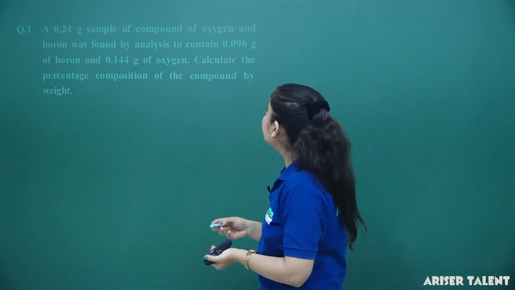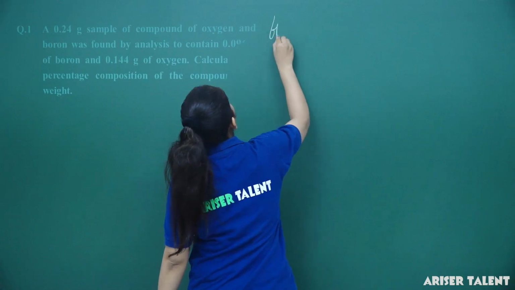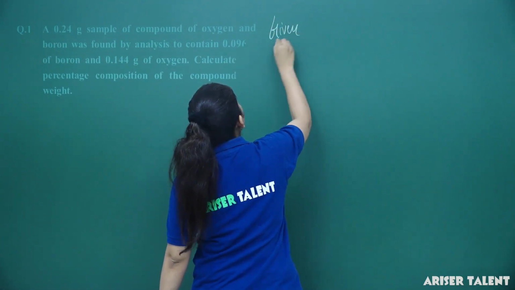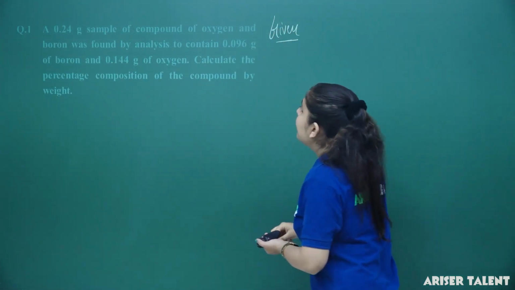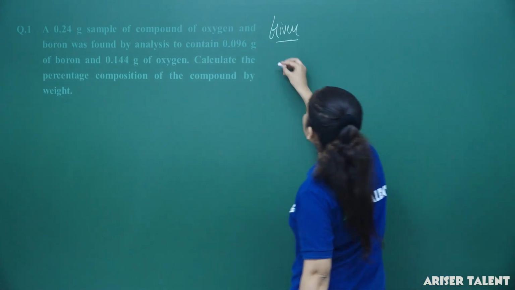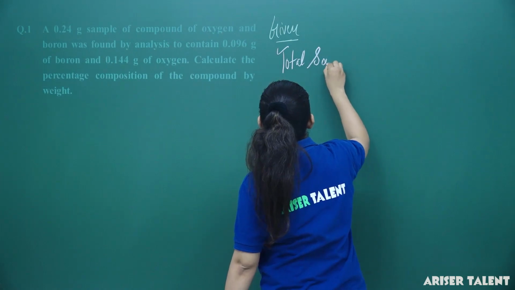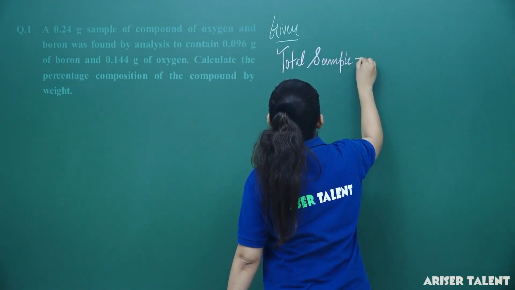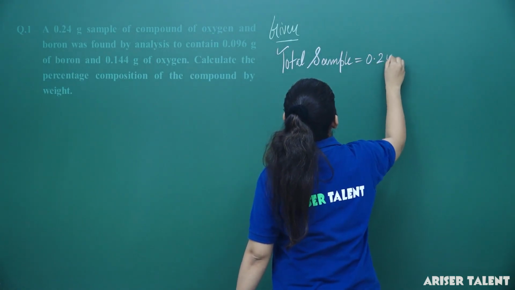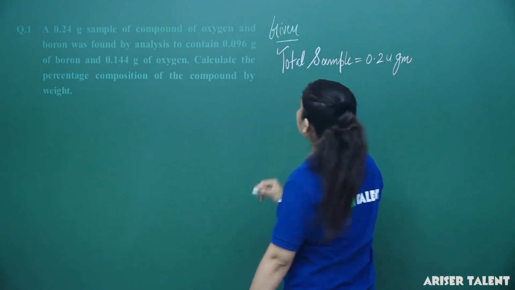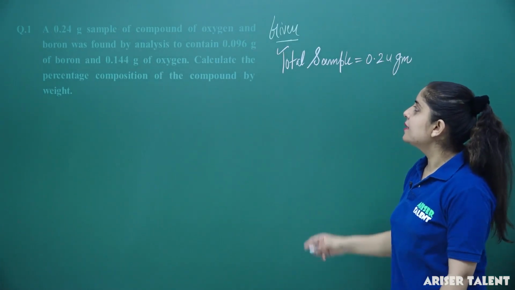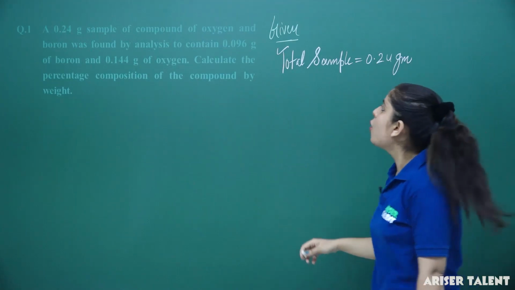So firstly what we will do, we will write the given conditions in the question. Now what basically the question is saying, the total sample is 0.24 gram and it contains this much boron and this much oxygen.